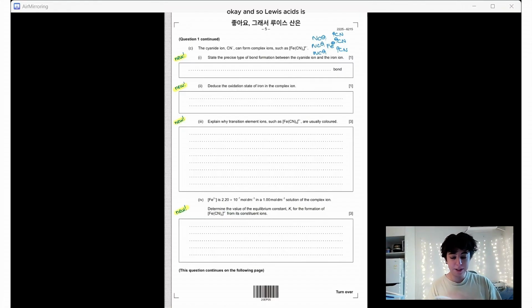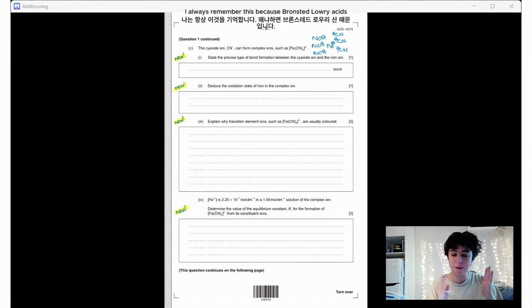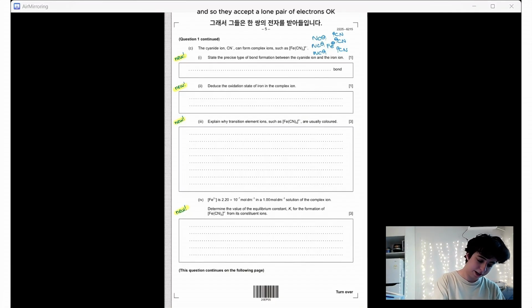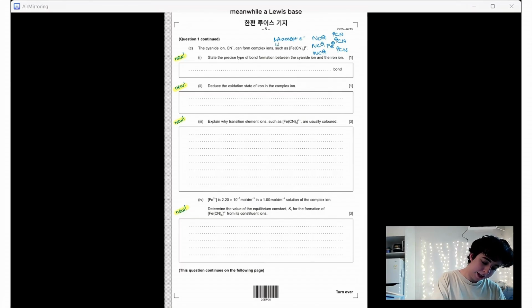I always remember Lewis acids because Bronsted-Lowry acids donate a proton, so it is opposite day for the Lewis acids, and they accept a lone pair of electrons. Meanwhile, a Lewis base donates electrons.